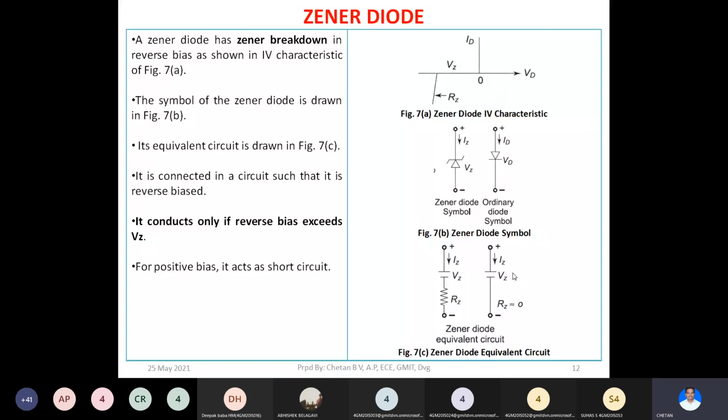Whenever we are doing circuit analysis where semiconductors like diodes and transistors are present, we have to replace the diode or transistor with their equivalent circuits so that we can easily apply Ohm's law and perform the circuit analysis. I hope you are clear.